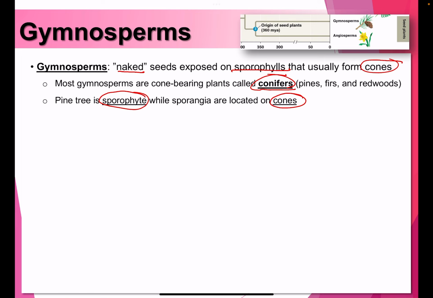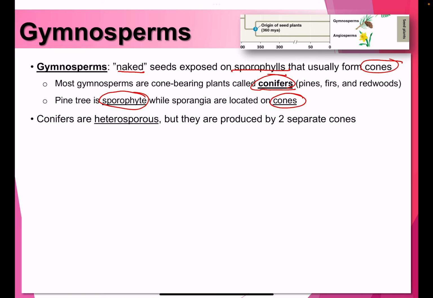Not just the leaves like we saw in ferns, but now we have a whole tree, the bark, the stem part of the tree, and then you have the leaves, etc., and then you have seeds that are on cones. Now you can see why gymnosperms are starting to become more complex compared to non-vascular plants.